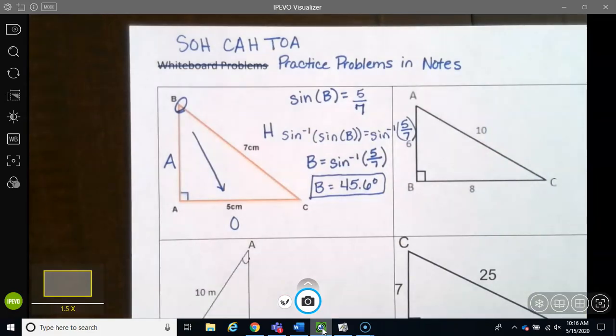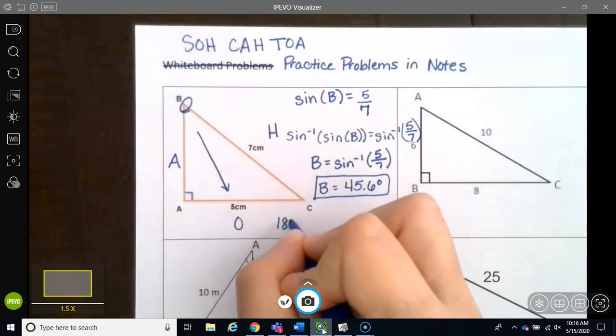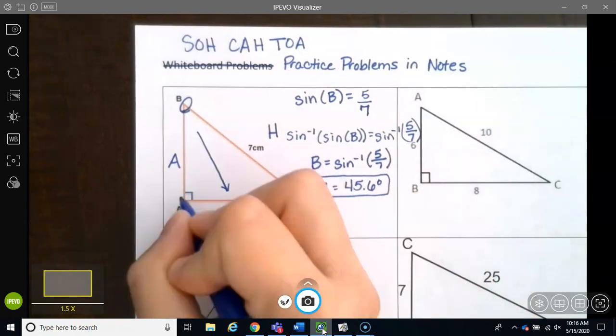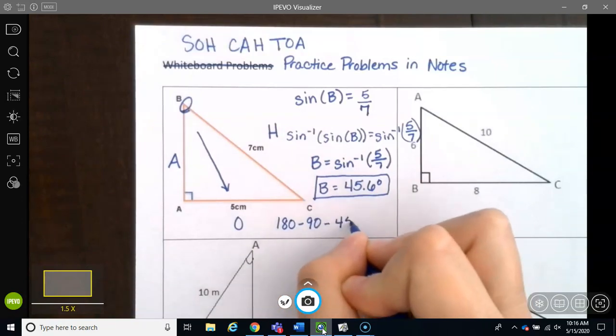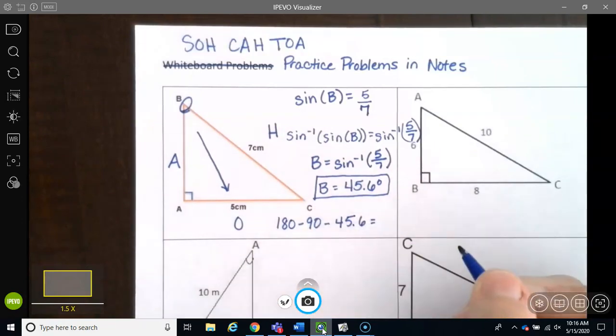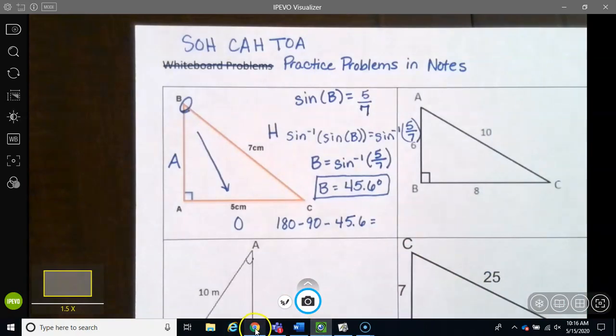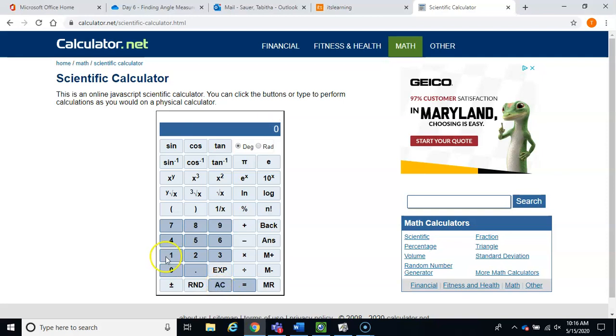If you want, you can use trig to find the other angle C, or you can just take 180 minus the 90-degree angle there, and then minus the 45.6 degree angle B, and that should get you your angle C. So clearing that out, 180 minus 90 minus 45.6.